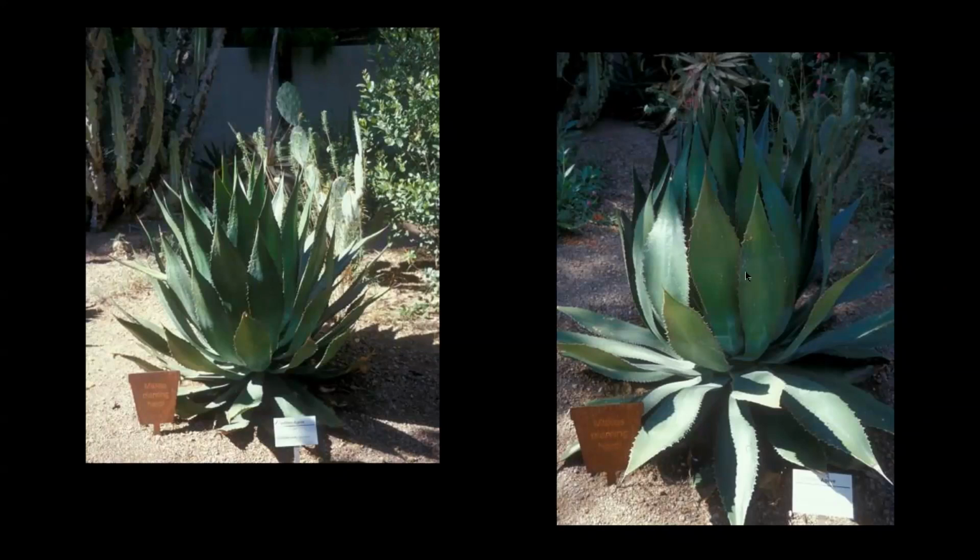So this is a great signal of, hey, I need water. Once this agave got a nice soaking around its root system, it reverted back to that nice relaxed angle form of those beautiful leaves. So look for signals like that.